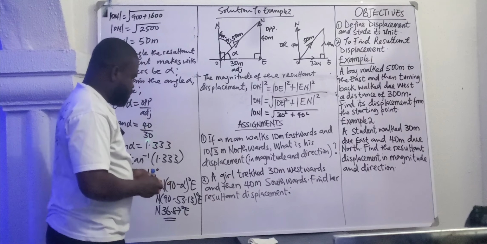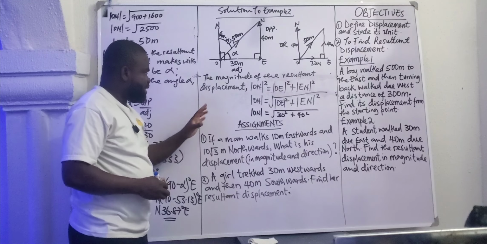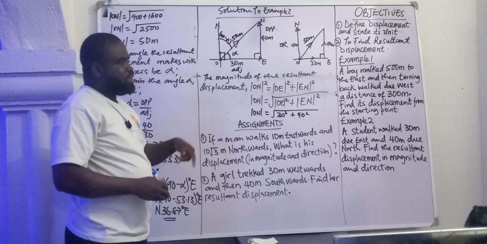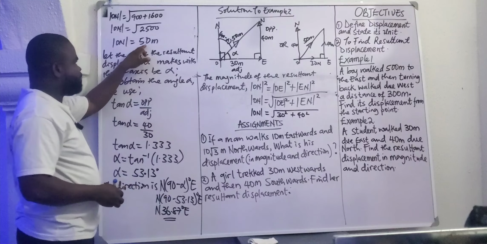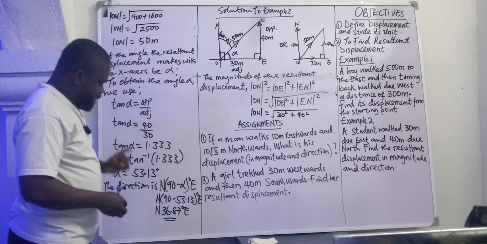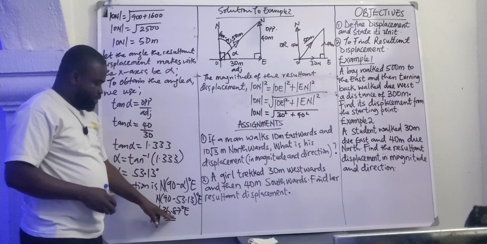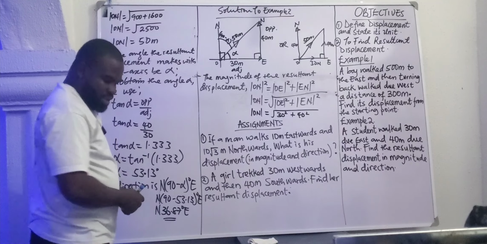I hope we get the point. So I will make the statement now. Therefore, the resultant displacement is a magnitude of 50 meters while in direction north 36.87 degrees east.